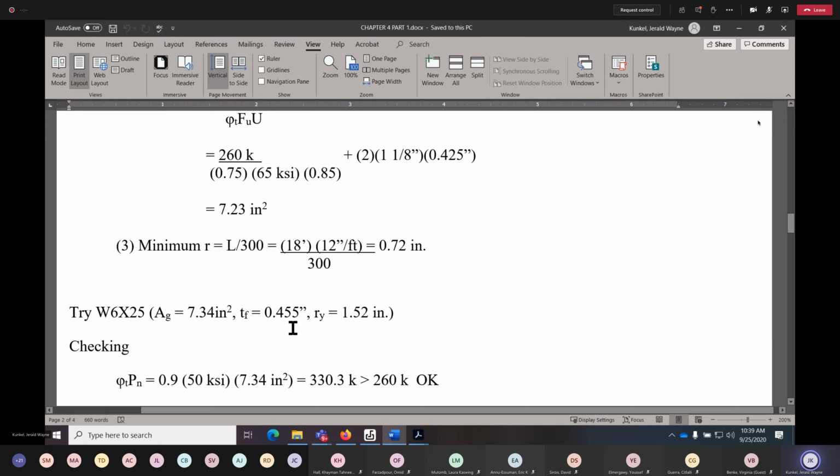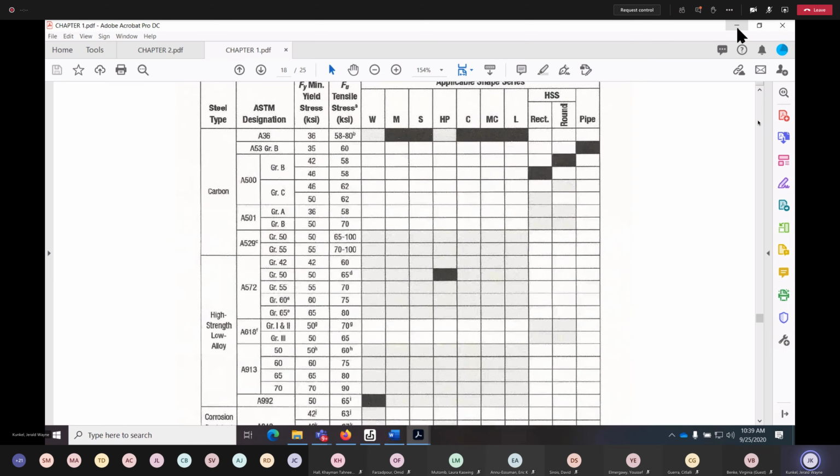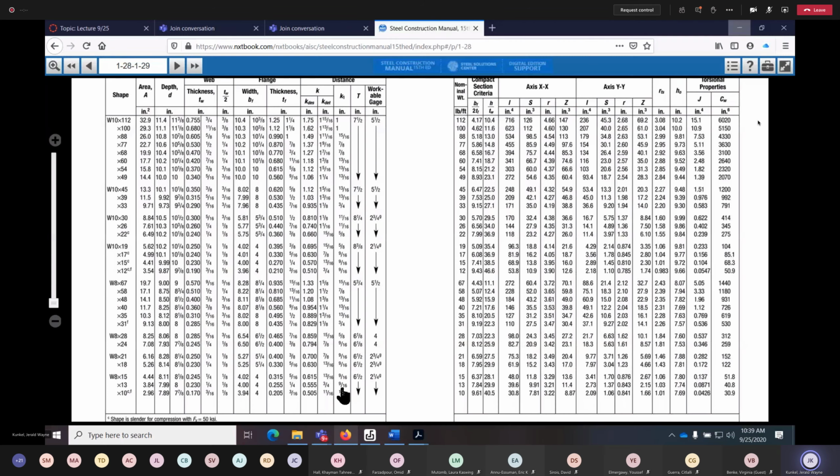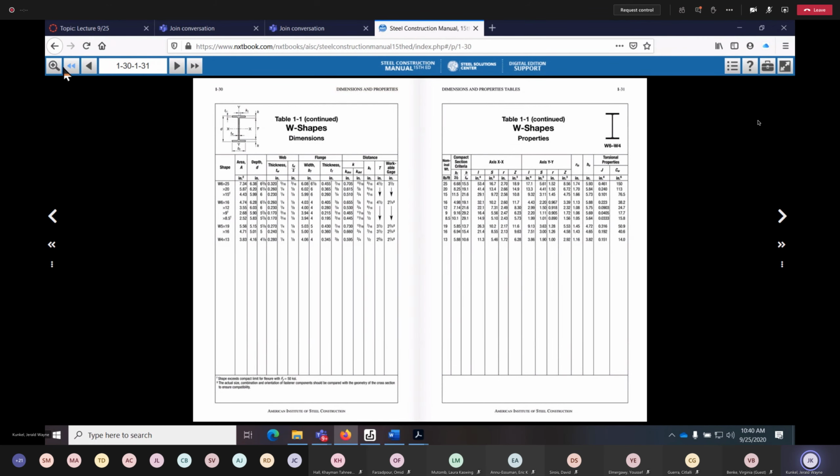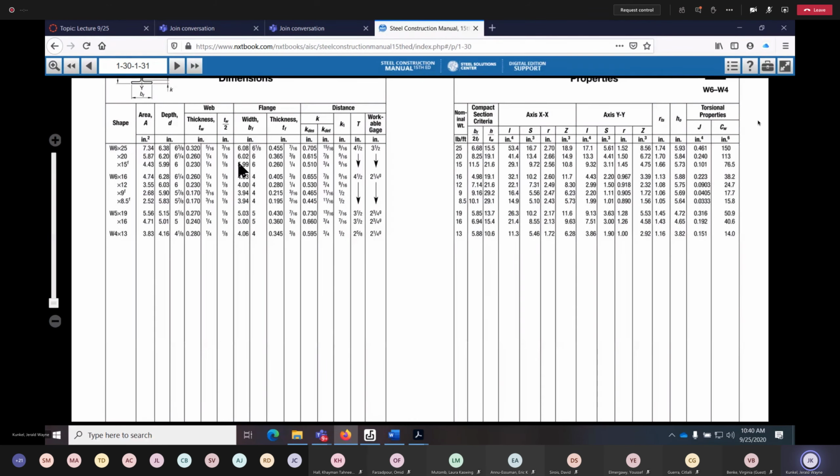The thickness of the flange was given at 0.455. That's in, once again, if we go to our 6 by 25, all right, you need to know how to read the manual. We'll come across to the flange thickness, and there it is, 0.455.